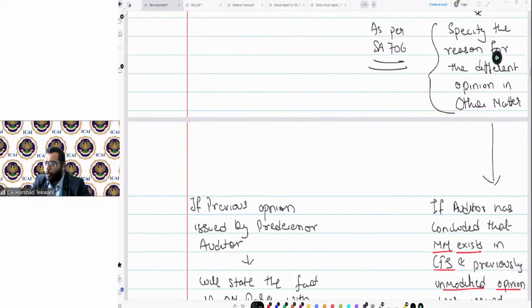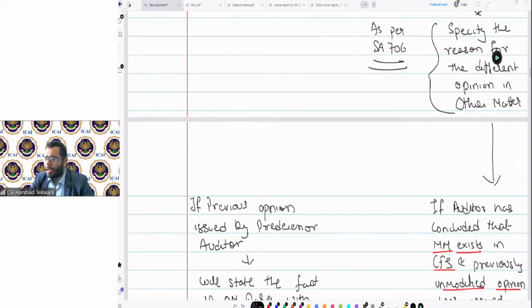Okay. If no doubt, then let's move to the next standard, SA 720. SA 720 is also important, and it will help us understand the details in the audit report. There is one more paragraph that I have kept open, yet to be discussed, which relates to SA 720.